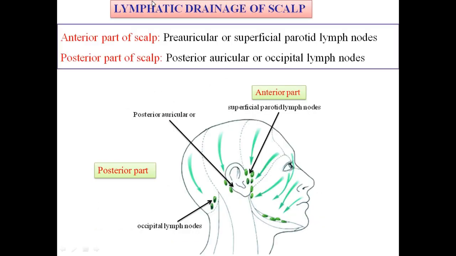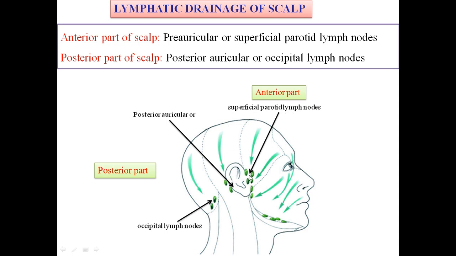Now, lymphatic drainage of the scalp. The anterior part of the scalp drains into the superficial parotid lymph nodes.